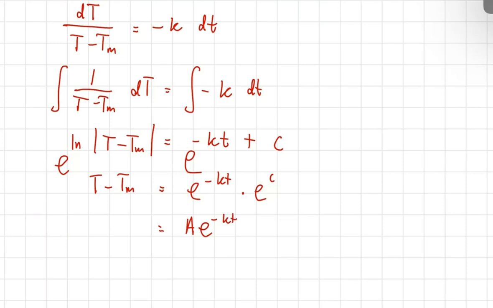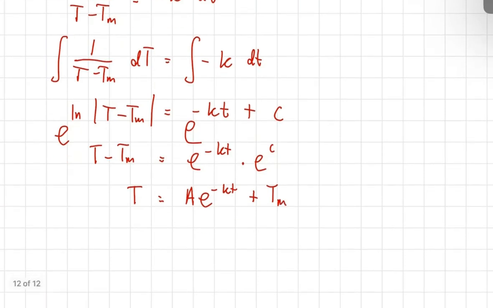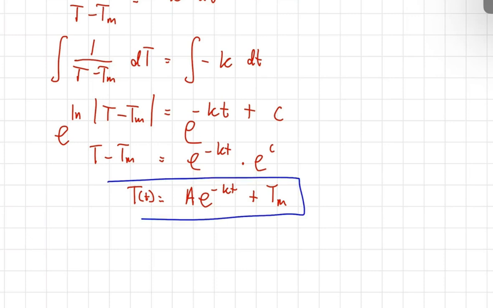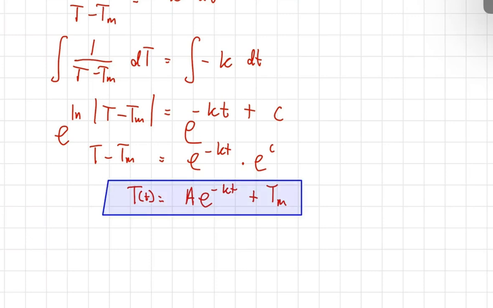We would like to find the temperature of the body for any given time, so bring the Tm to the right hand side. This is our final equation. Actually this is a function of T with time, so this is the solution that we are looking for. So T, the temperature at any given time, equals a constant A multiplied by e to the power negative kt, plus Tm.